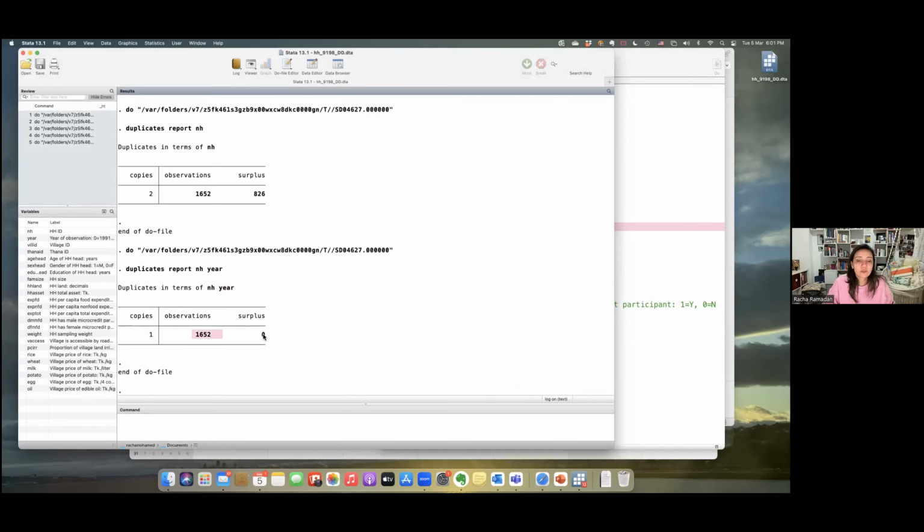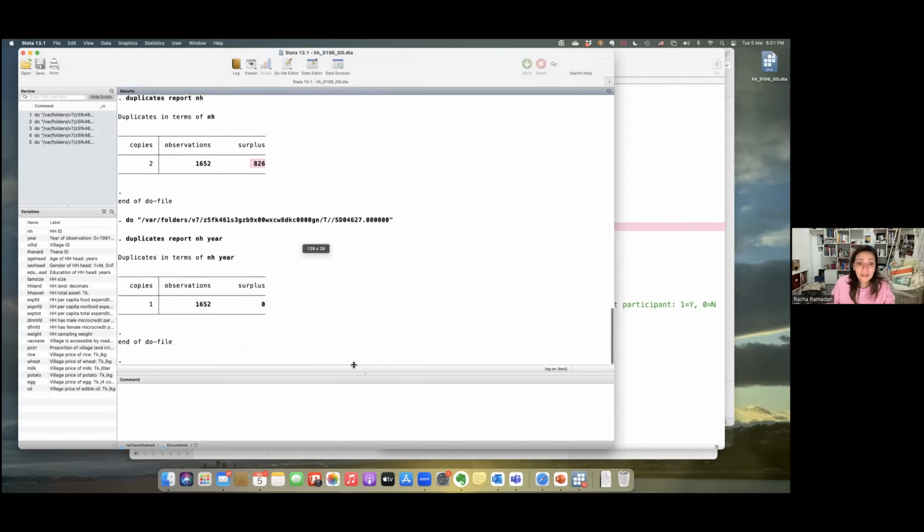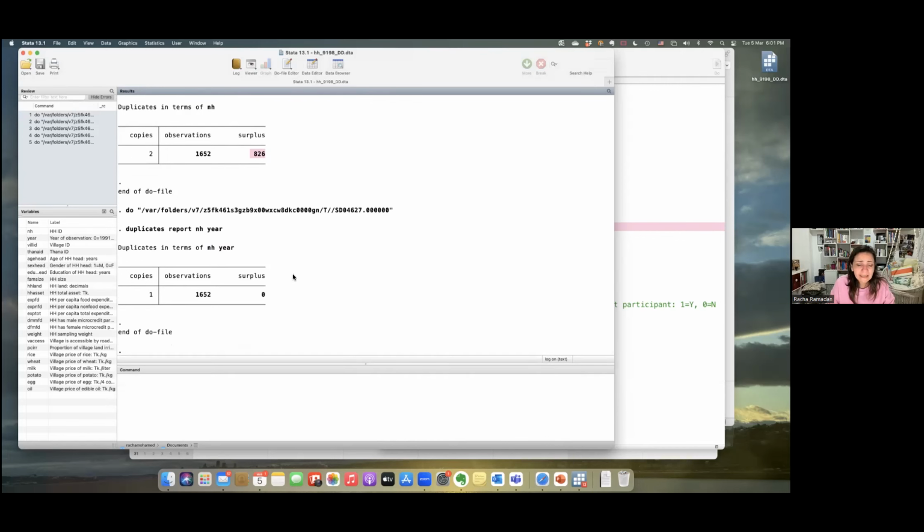You have 1652 observations and no surplus. Here the surplus was for the second year; it was 826 for one year and 826 for the second year. So we know that we don't have any duplicates or redundancy in the lines, but we have a properly structured panel.